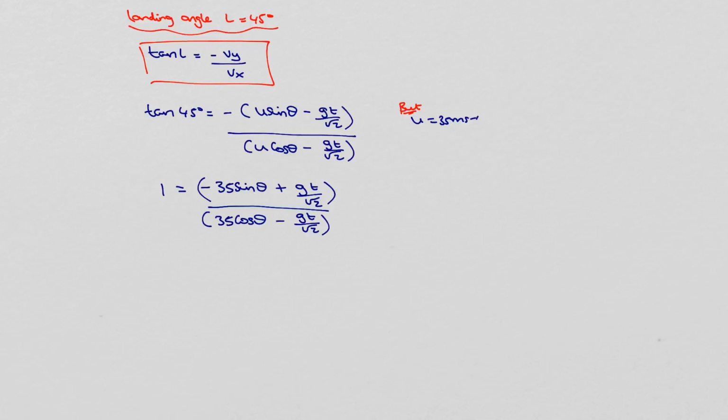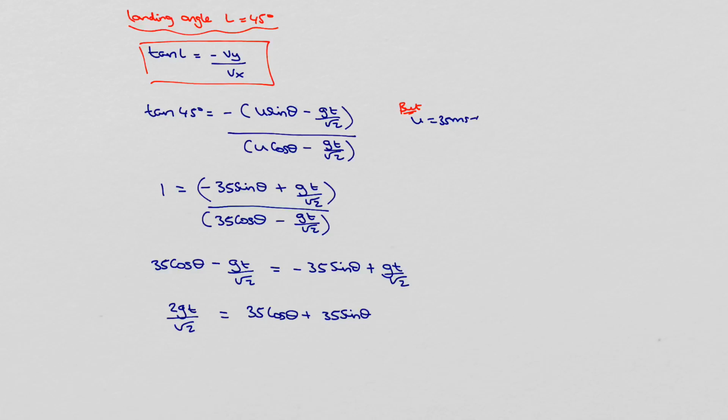So I get 35 cos theta minus gt over root 2 is equal to minus 35 sine theta plus gt over root 2. So I'm going to bring all my t's to the left hand side. So therefore that gives me, sorry, it gives me 2gt over root 2 is equal to 35 cos theta plus 35 sine theta.